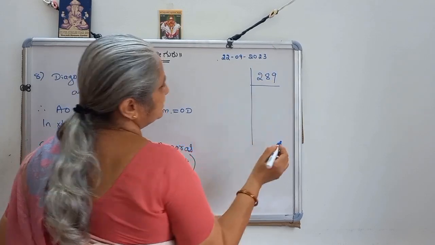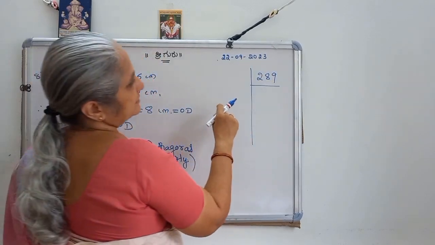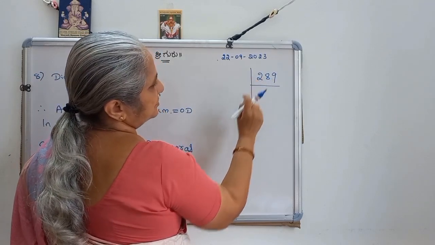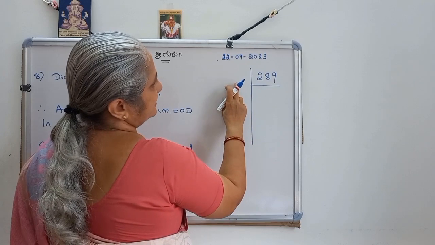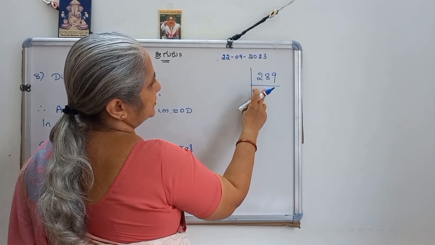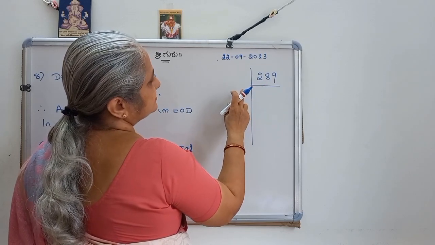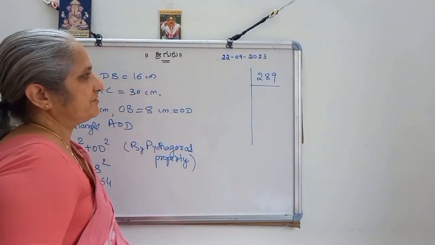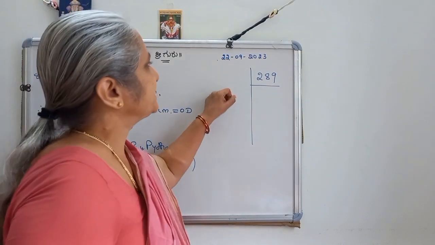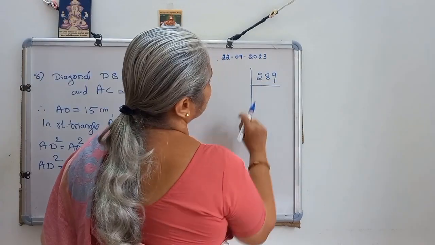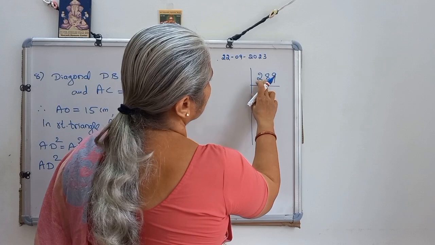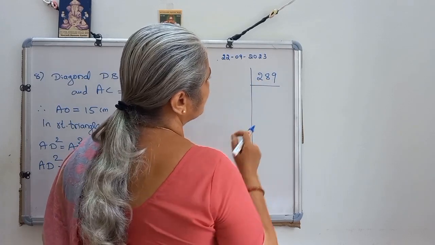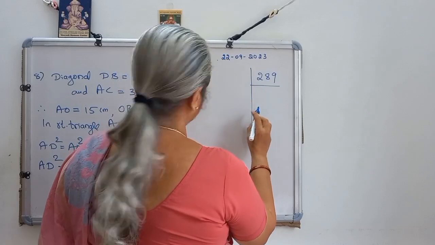So by observation we can see that, is it divisible by 3? No. By 7? No. Then which number do we have to take as the factor of 289? 11, 11 twos are 22, no. 13, 13 twos are 26, no. 17, 17 ones are 17.